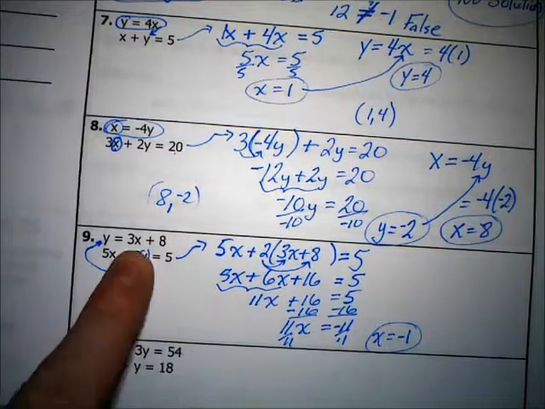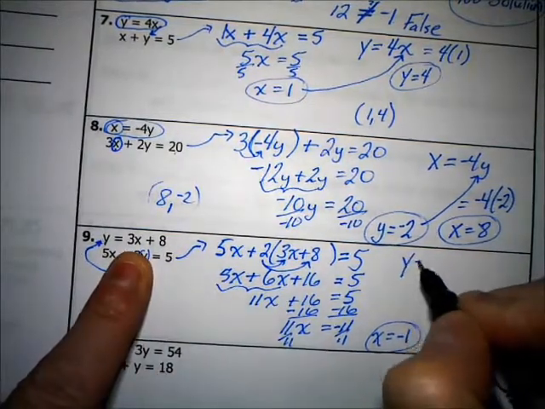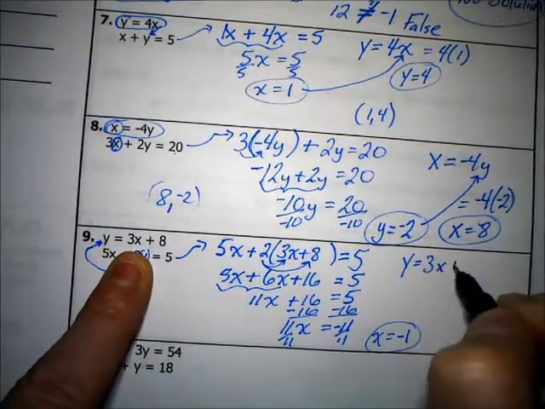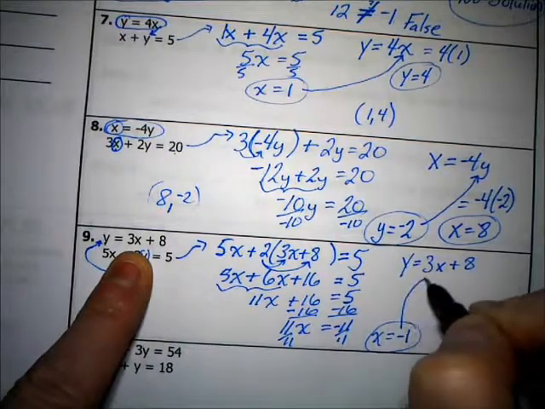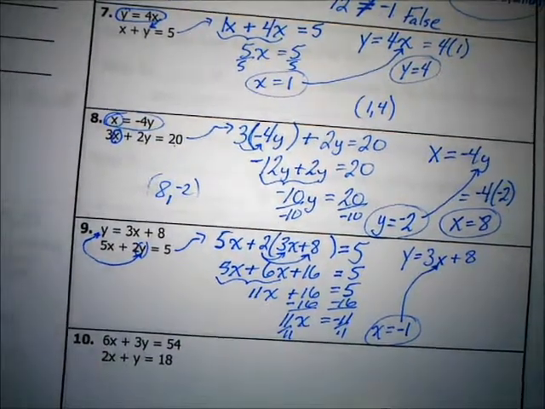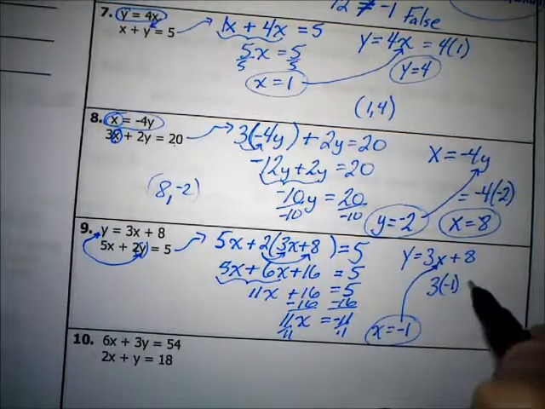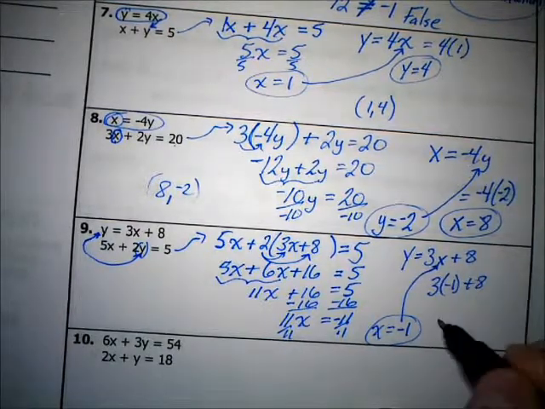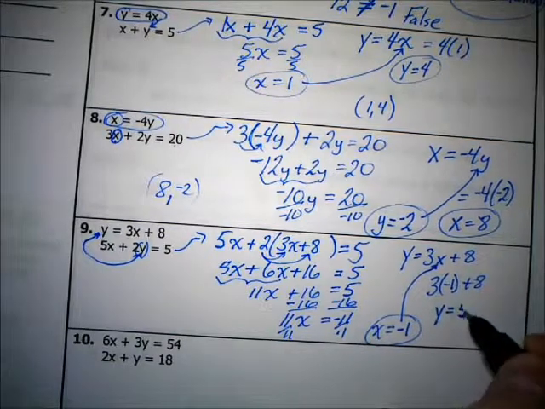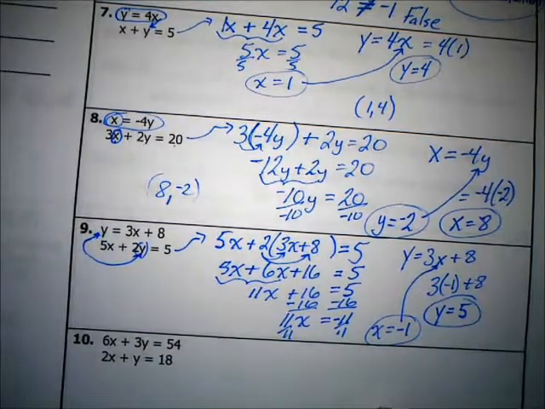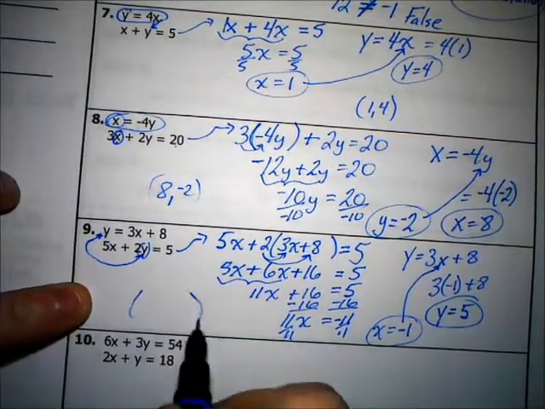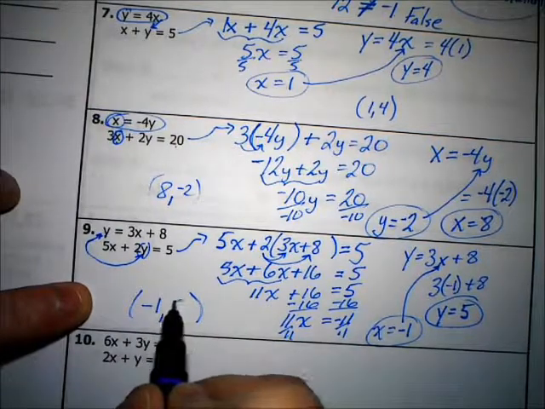Alright, I'm going to take it and plug it back into my first equation. And the x is going to be replaced with a negative 1. So it'll be 3 times a negative 1 plus 8. That means the y is 5. So the solution will be negative 1 and 5.